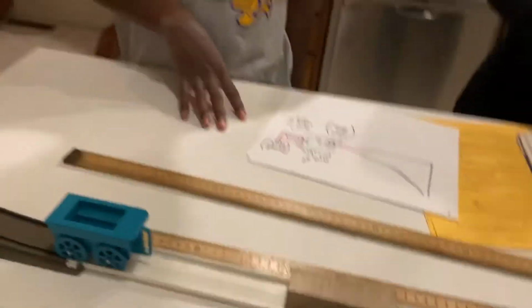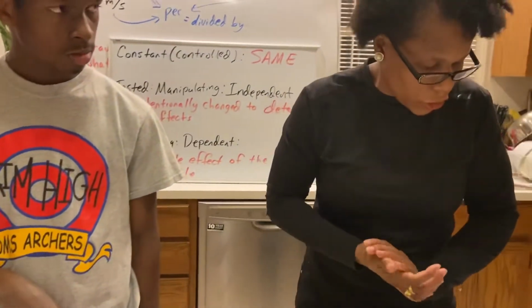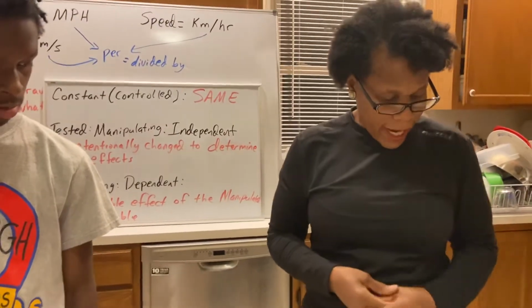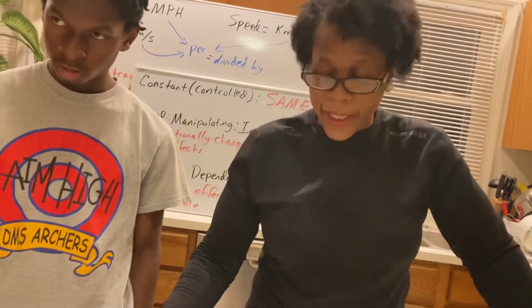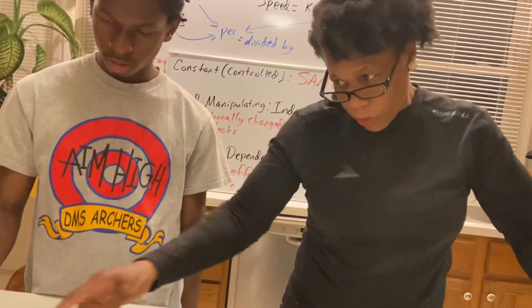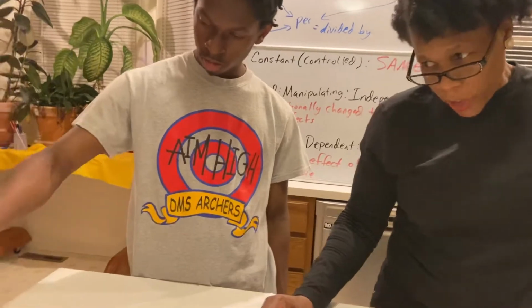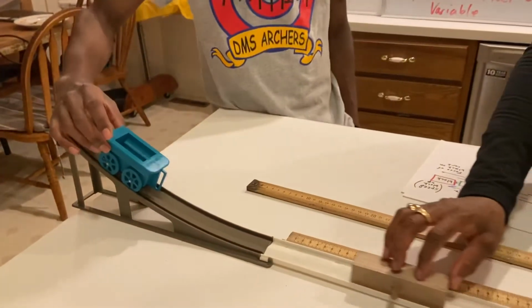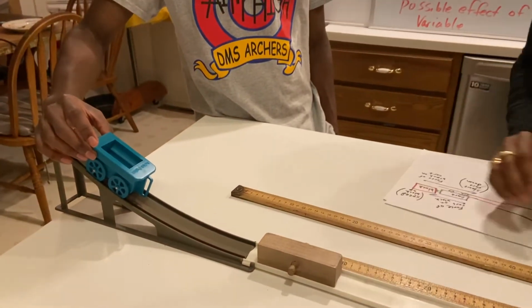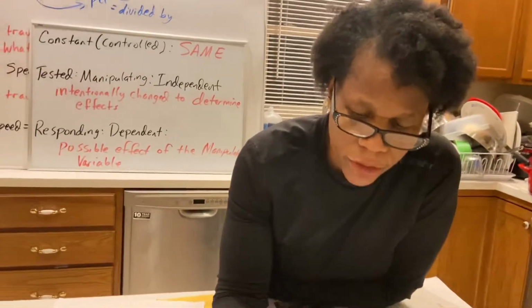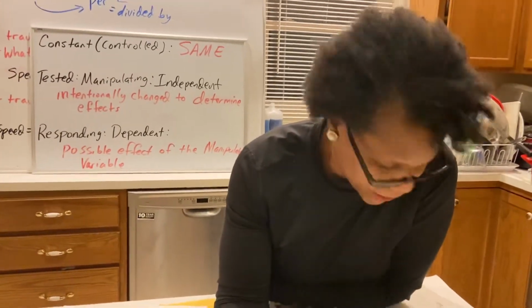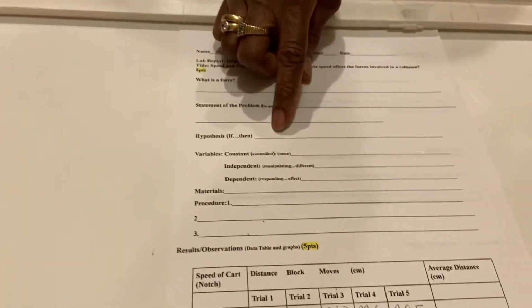Now, class, I forgot to ask you to make a prediction. Well, actually, it says to do it now, so I actually didn't do it wrong. Who can tell me what will happen if we release it from notch B? James, can you show them notch B? What do you think will happen to our collision? What's going to happen to the block? So we have to come back here and figure out, if we are releasing it from different heights, which collision is going to be the worst.